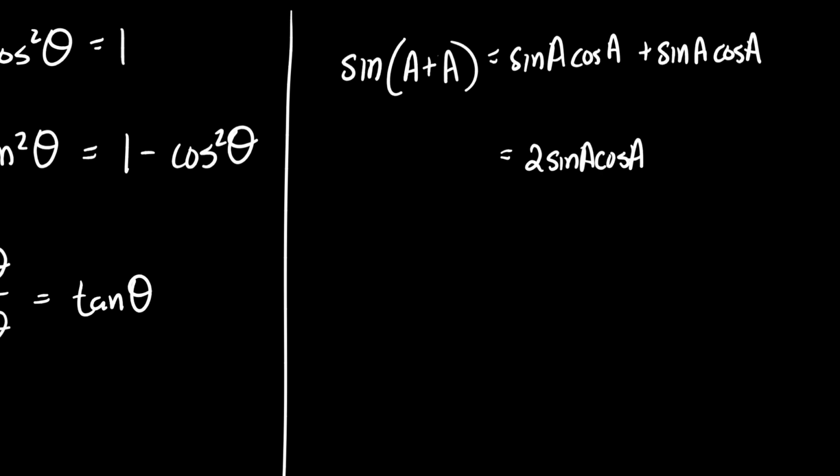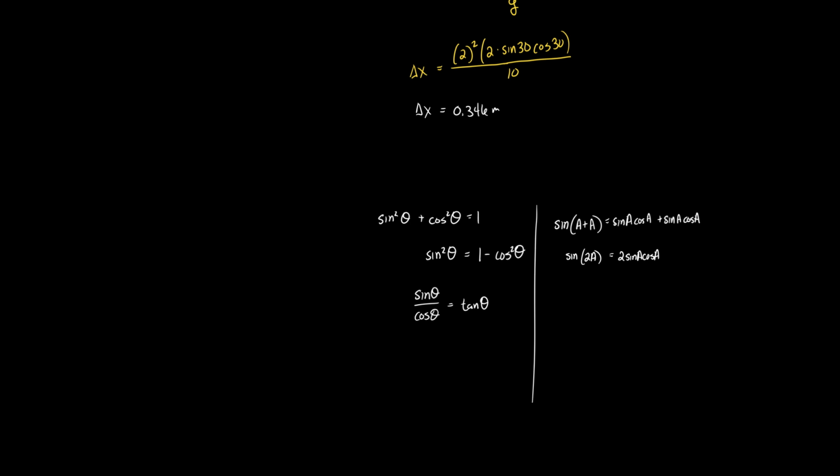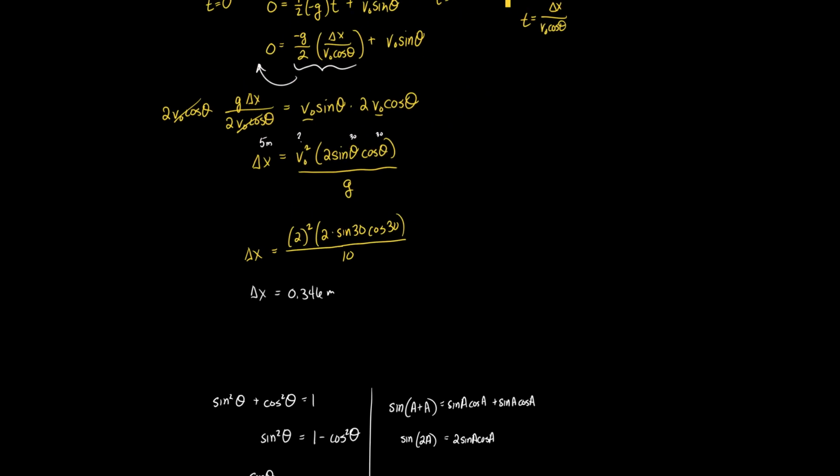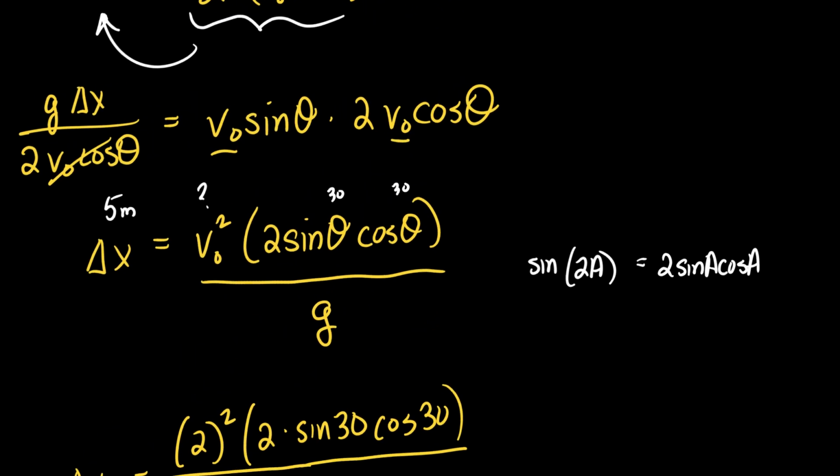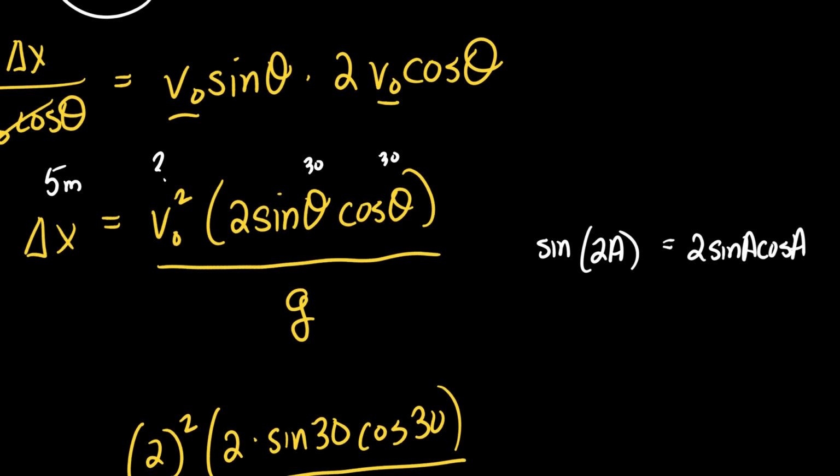And on the left side, it's sine of 2A. Do you guys see all those things I just did? Now you might not know why I wanted to do that, but I'm going to show you. Now do you see why I wanted to do it?